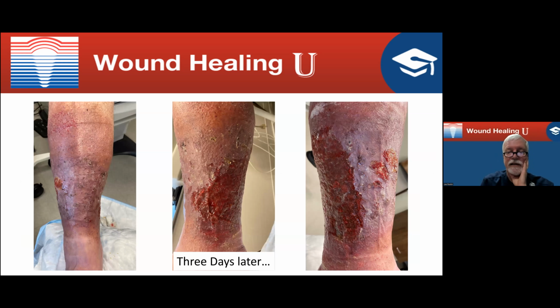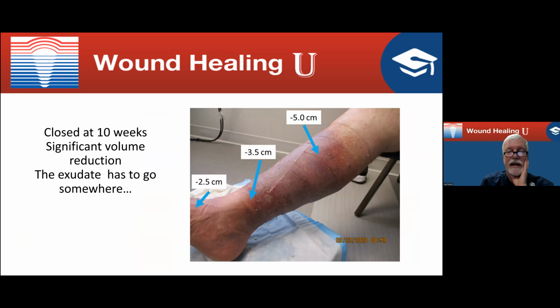So reduction in edema, and already in 3 days, a little bit of improvement in his leg ulcerations. And at 10 weeks, he was completely closed, with significant volume reduction in his legs. And so, the drainage has to go somewhere. And a lot of it went into the dressings. Much of his lower extremity volume went back into his central circulation and was processed appropriately.